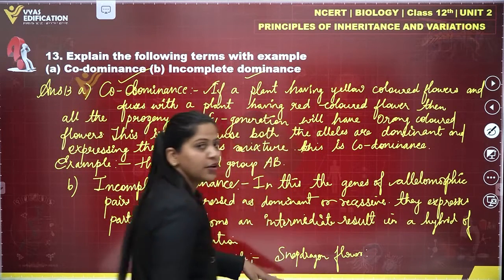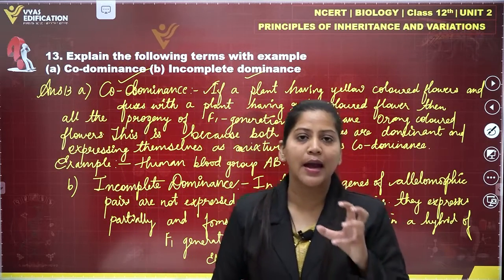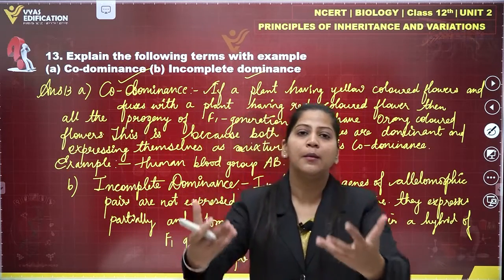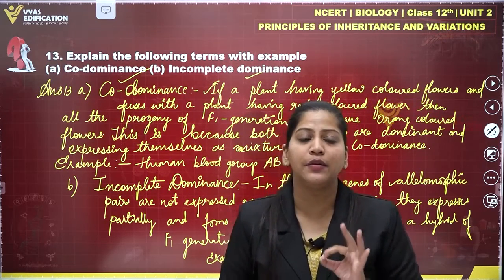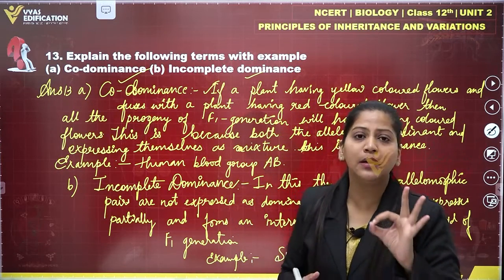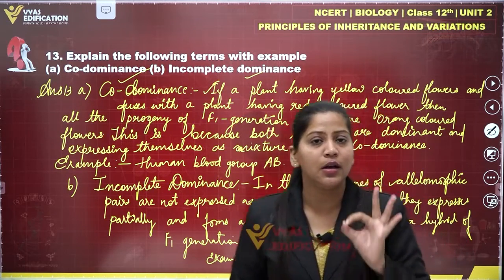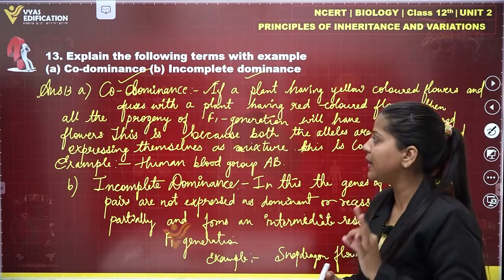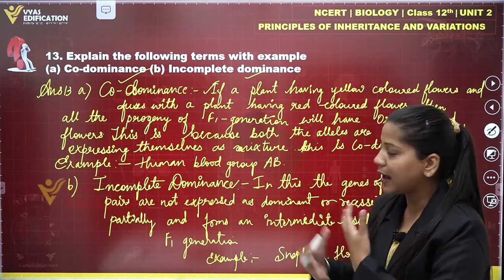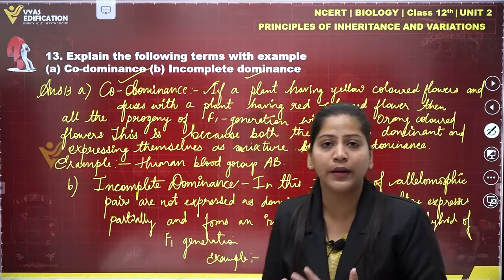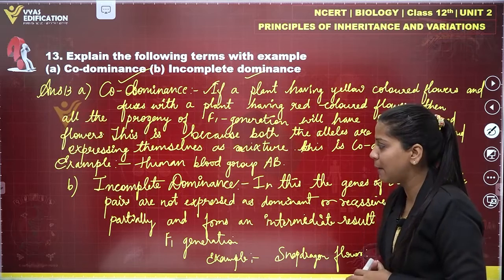In the parent generation, the parents have white colored flowers and red colored flowers. When they produce their progeny, all the progeny in the F1 generation have pink colored flowers, which is the intermediate result of their parental genes. So this is the complete solution of question number 13, with the explanation of codominance and incomplete dominance along with examples.